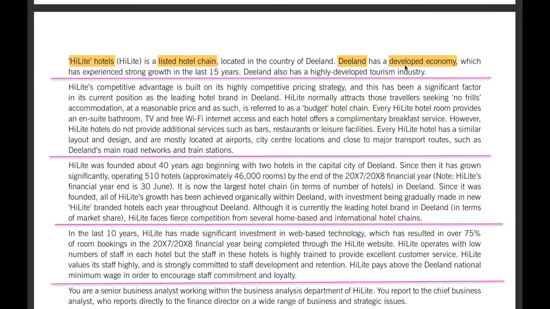It's a developed economy, so it has had strong growth in the last 15 years. DLAN also has a highly developed tourism industry. Because of this, it supports Highlight Hotels, and that's why Highlight Hotels are able to experience strong growth in the last 15 years.